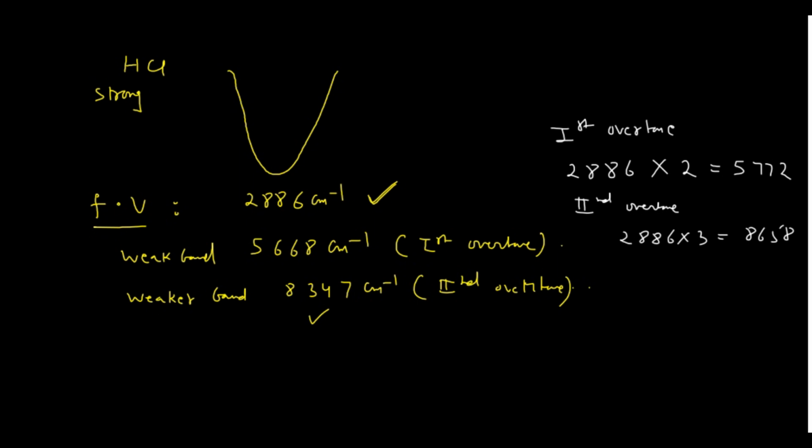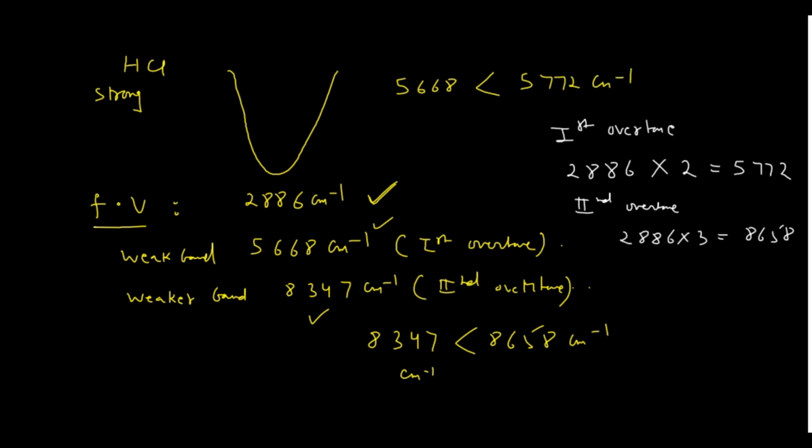But in reality, your second overtone is at 8347, which is less than 8658 centimeter inverse. Similarly, your first overtone is at 5668 centimeter inverse, which is lower than 5772.